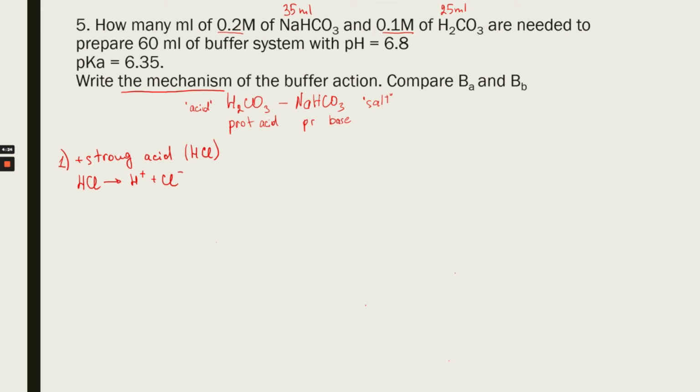It gives us protons which can influence on pH. So protons interact with water, forming hydronium ion. And this hydronium ion is proteolytic acid. So it will interact with proteolytic base. Proteolytic base is here. So proteolytic base, sodium hydrocarbonate, exists in form of ions. So we consider just hydrocarbonate ion. And we write the following equation.